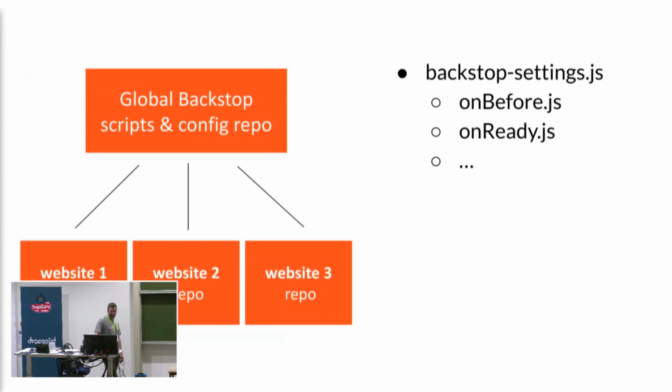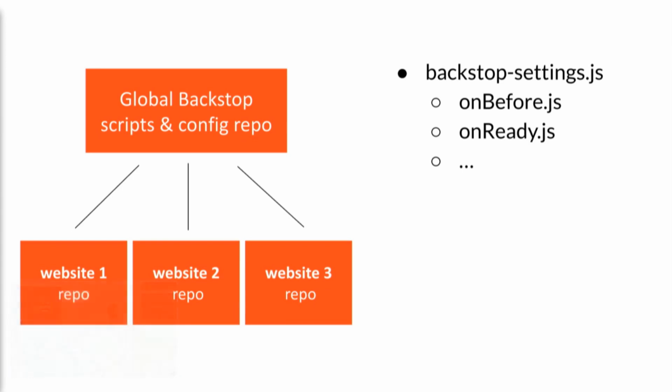That's how we came upon the setup to have a global Backstop scripts and config repository with the main functionality, all our custom scripts that can be shared across websites. In there are the onBefore and onReady scripts. And then each website has its own repository, of course.